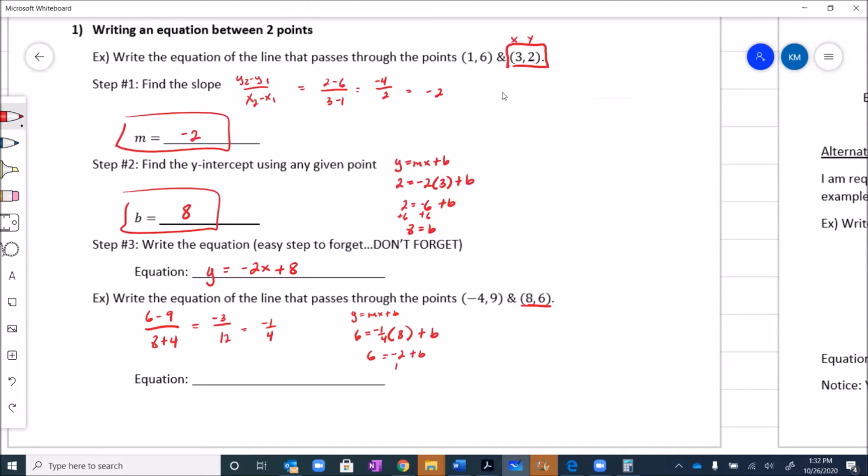So 6 equals -2 plus b. Then we add 2 to both sides, and we get b equals 8. So my y-intercept is 8. My slope is negative 1/4. And now I write my equation as y equals negative 1/4 x plus 8. Okay, and that's our process all together.